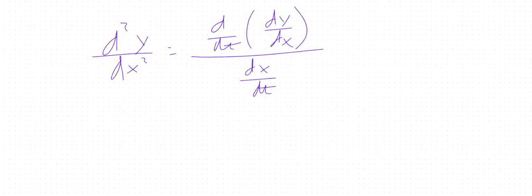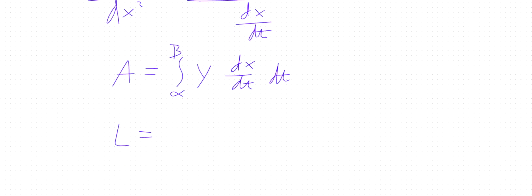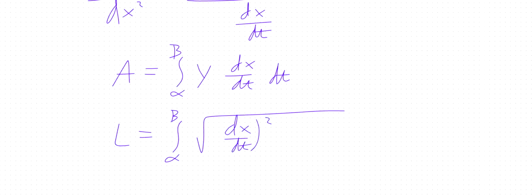We have area under the curve. It's our y dx dt. Arc length, square root of our derivative with the x's plus our derivative with the y's.